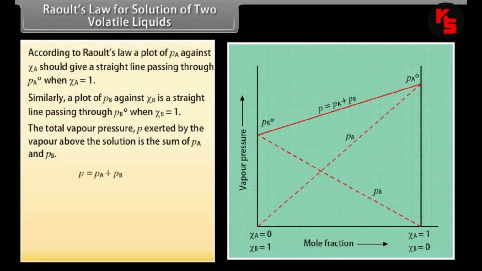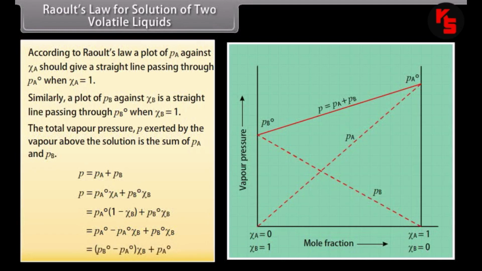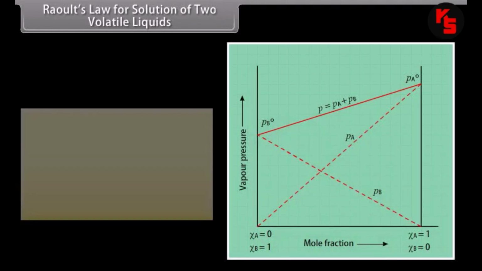P = PA + PB. By putting XA equal to 1 minus XB, we get the relation P = (PB⁰ − PA⁰) × XB + PA⁰.